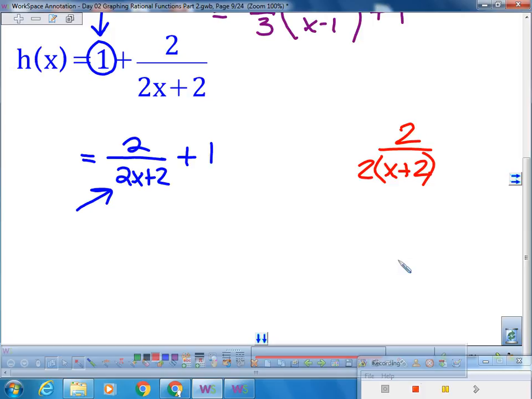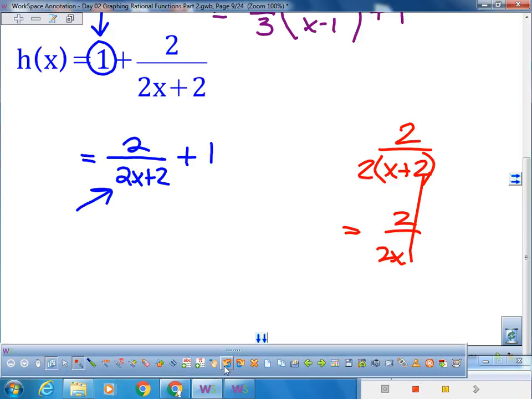So that's pulling a 2 out, but if I were to re-multiply it back out, which is what you should be practicing, this would be this. 2 times x is 2x, and 2 times 2 is 4. Oops. Is that what we wanted? No, so you should always be going back and saying, does it make sense? What I factored out, what I distributed out, does it make sense?